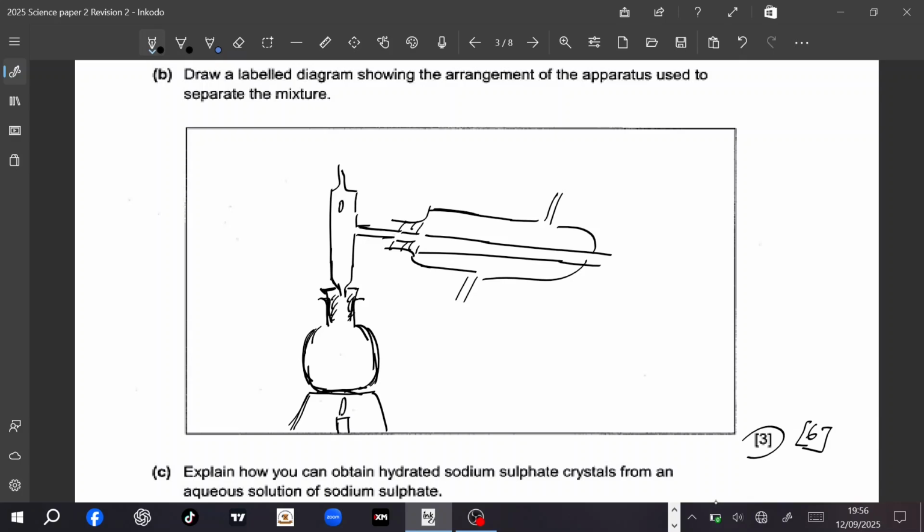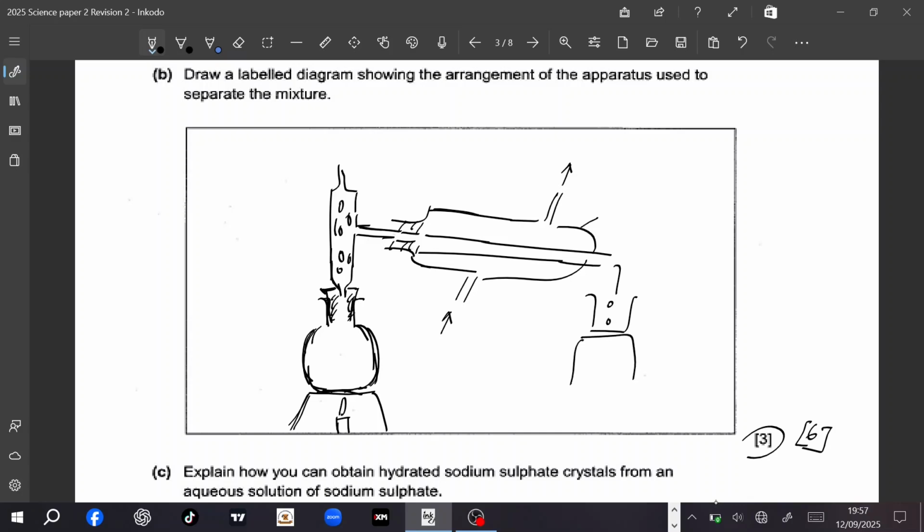So those are glass beads. Then you can say hot water in, cold water in, hot water out. Then here you can put anything like a beaker on a stand, also collecting something.